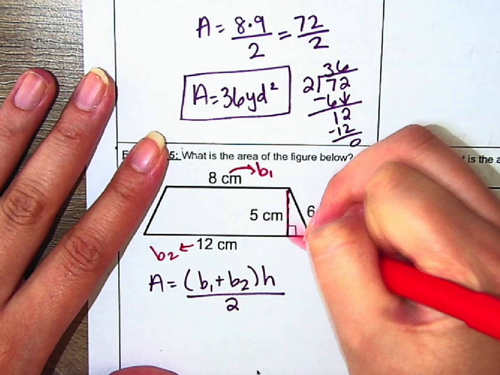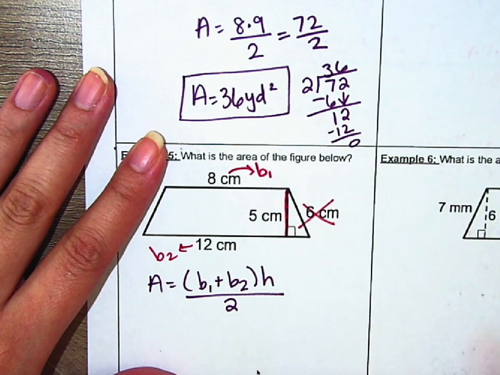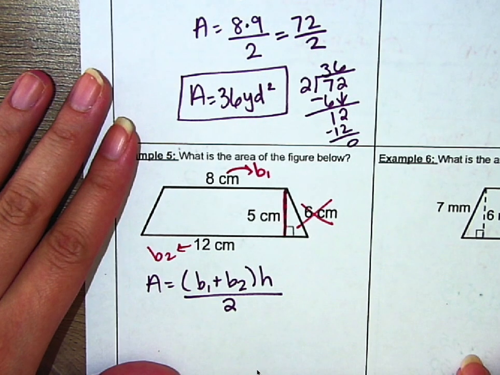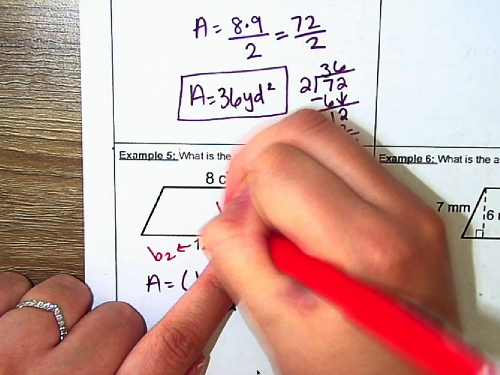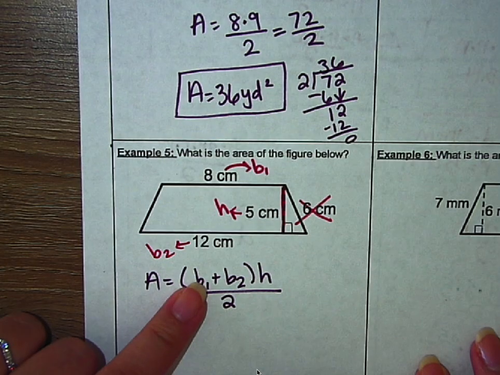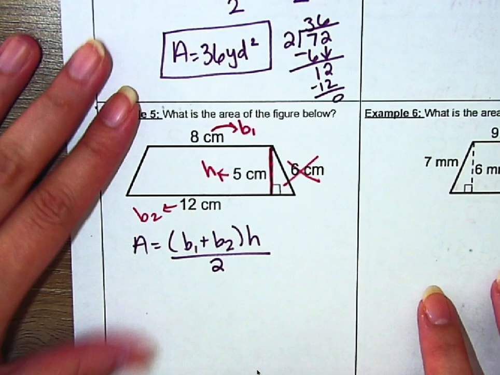This line right here is standing straight. This one is kind of slanted, so I'm going to put an X on that because we don't even need that number. They added that number so they can confuse you. This is my height. Okay, so if you look at the formula, it looks like I have everything I need to plug in and solve.